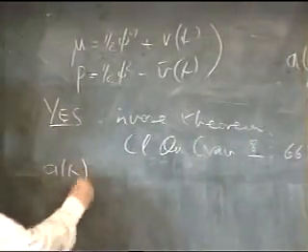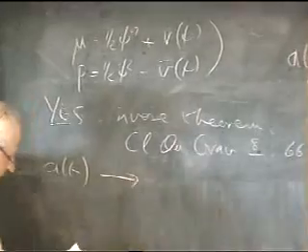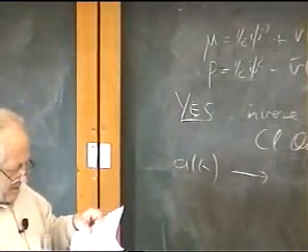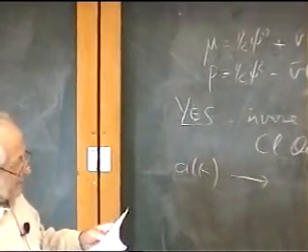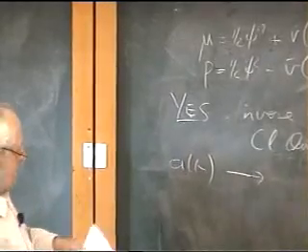Choose a of t as you wish. Now, there is a reality condition which has to be satisfied, and one must be careful about that. But basically what happens is the following.